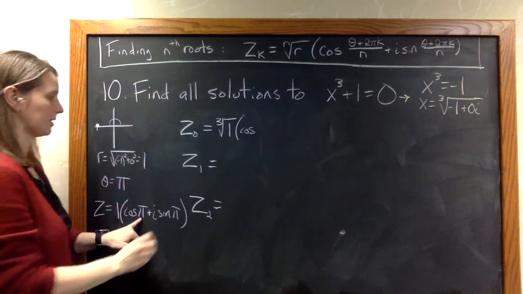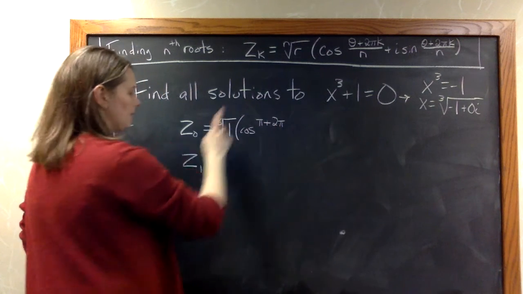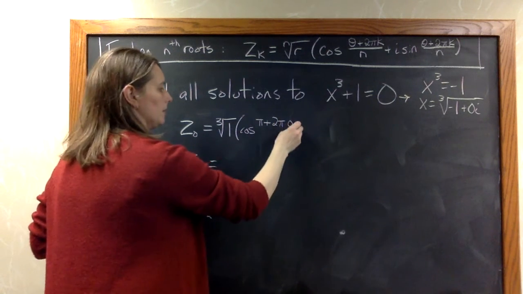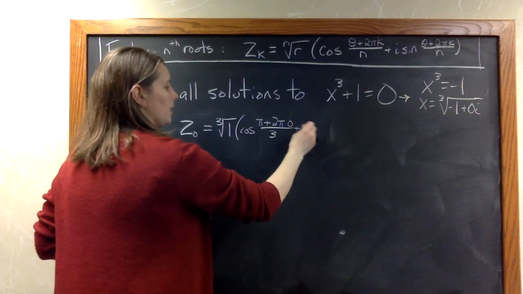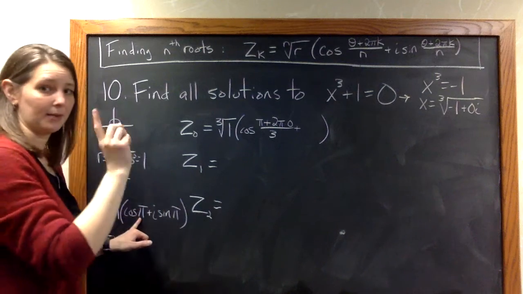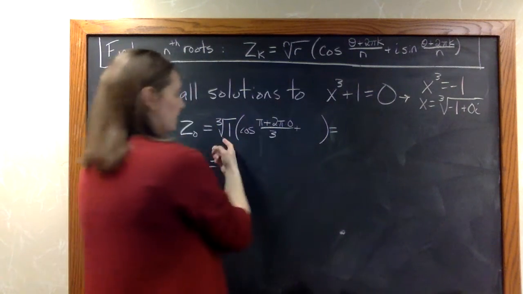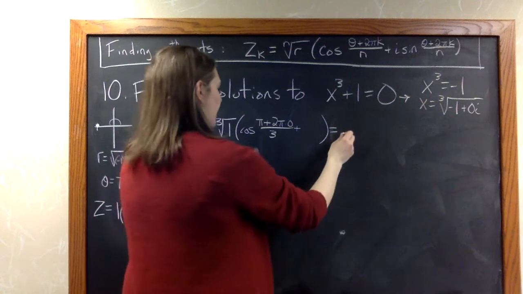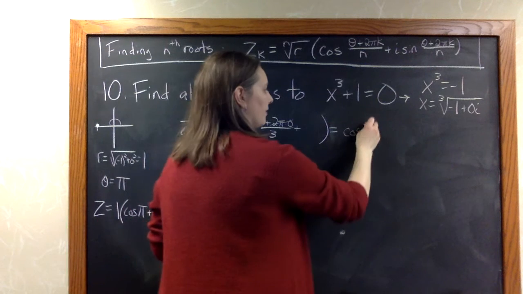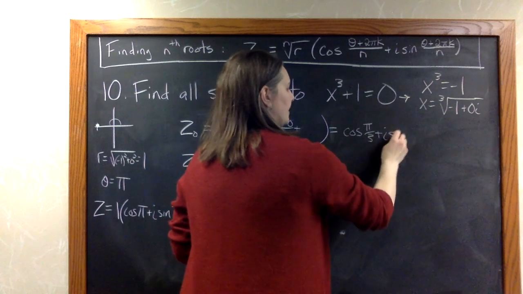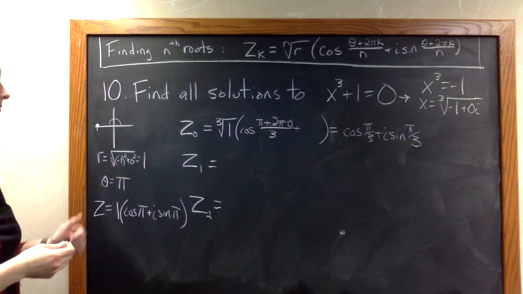Cosine theta, we just decided that theta was pi, plus 2 pi times k, this k is 0, over n, that's this 3, plus the sine is going to be the same thing. So this is going to give us 1 times cosine pi over 3 plus i sine pi over 3. Okay, there's our first solution.